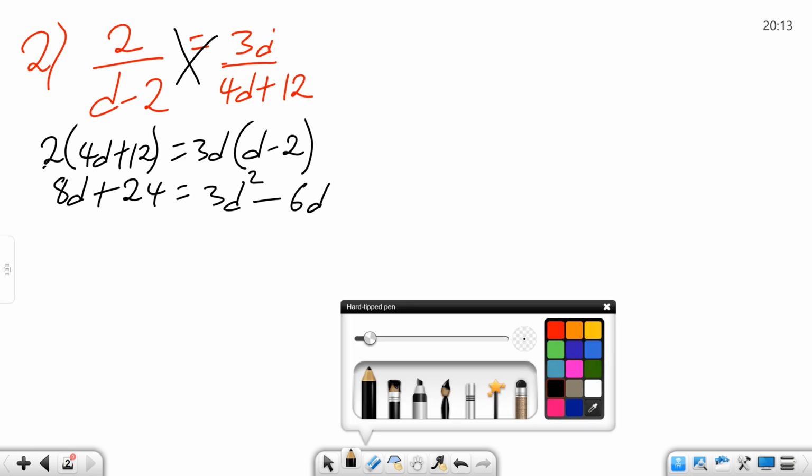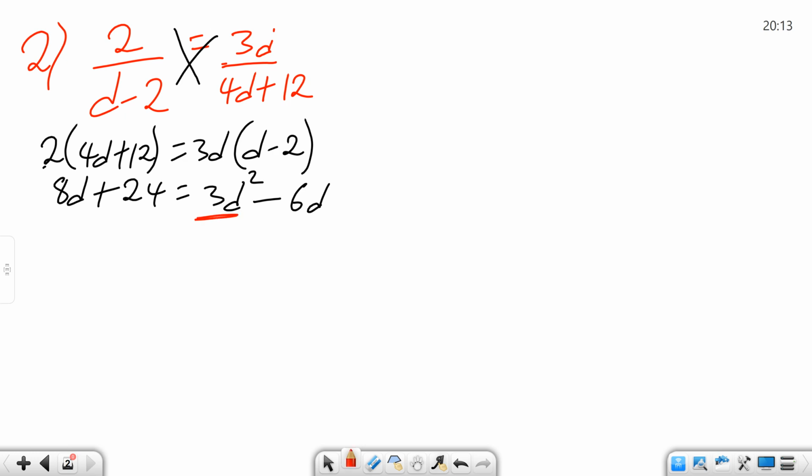Seeing this is probably giving a signal that we're going to work with a quadratic. So let's simplify on like terms. I have 3d over here, then minus 6d. This moves to turn minus 8d, then 24 moves to turn minus 24 equals 0.